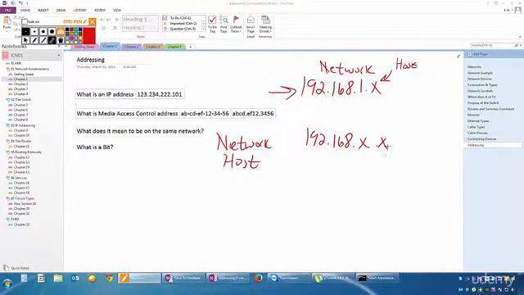But again, if we could do this with the 192 address, then that's what you would see. Anything that's not the network is the host. At this point, we have three of the numbers that are our network number, and only one of them a host. And each one of these numbers cannot go higher than 255.